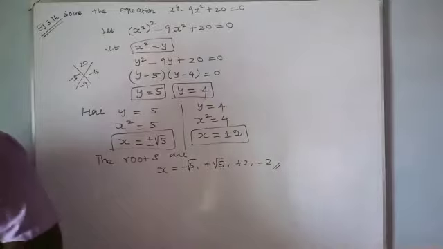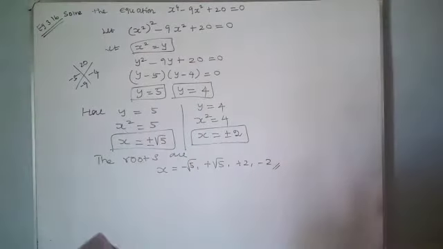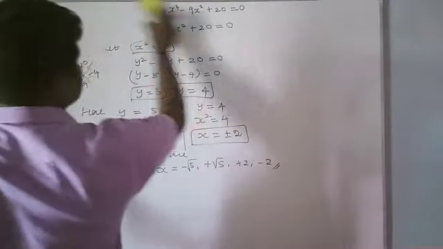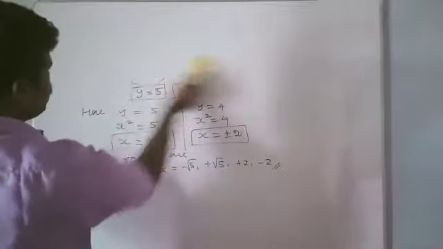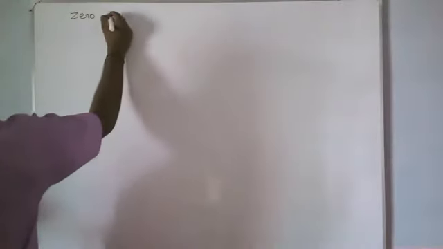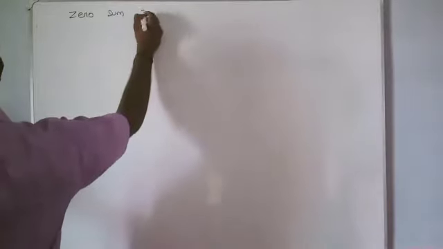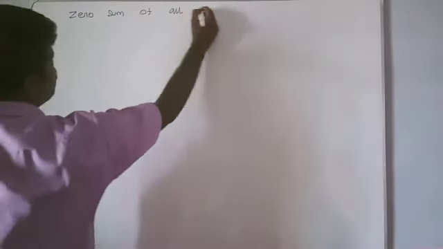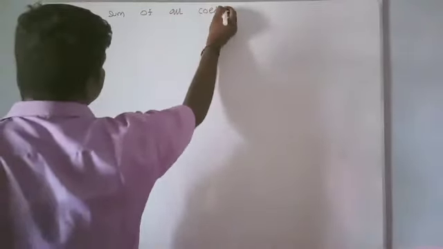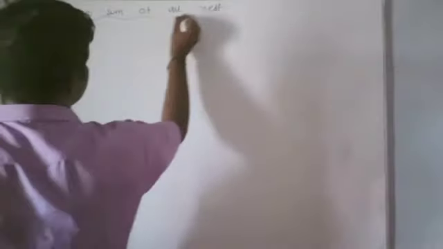And the next heading, the third type: zero sum of all coefficients. What is the meaning of zero sum of all coefficients?